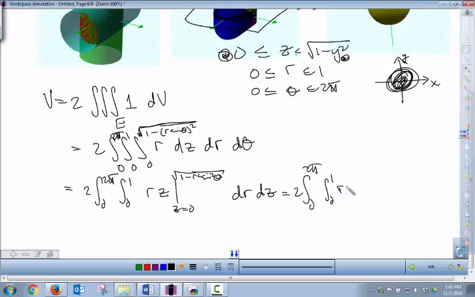We're going to get r times the square root of 1 minus r squared sine squared theta dr d theta. And then this will require a u substitution, I believe. And we're going to want to integrate with respect to, or take the derivative with respect to r, treating theta as a constant.